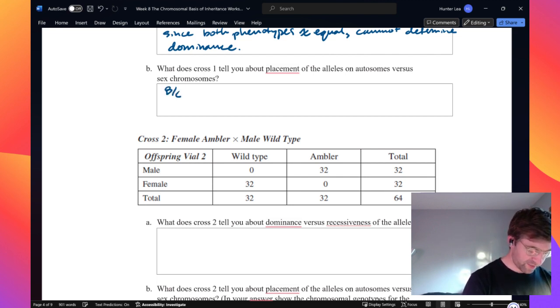So because the number of males and females is approximately the same, we cannot determine if it's sex linked.